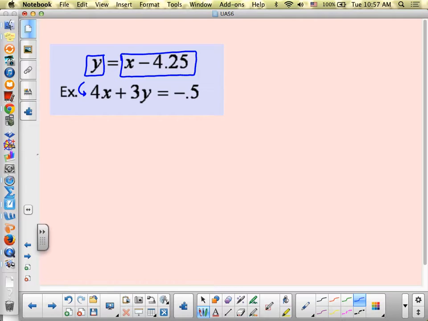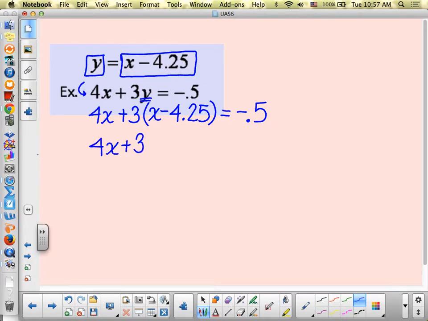I'm going to choose to do this one by substitution, so I'm going to rewrite my second equation as 4x plus 3 times the quantity. I'm going to replace the y quantity with its equivalent value, 0.5. A little distribution then, 4x plus 3x minus 12.75 is negative half. Okay, I'm now to one variable, which was my goal in the first place.